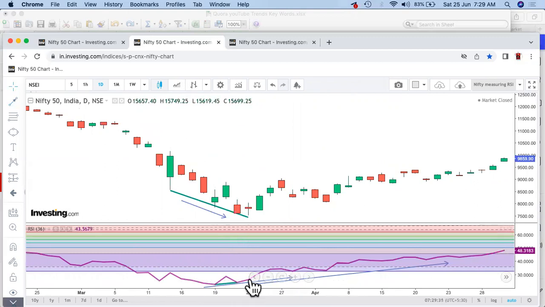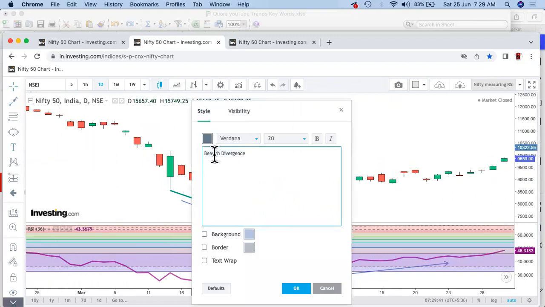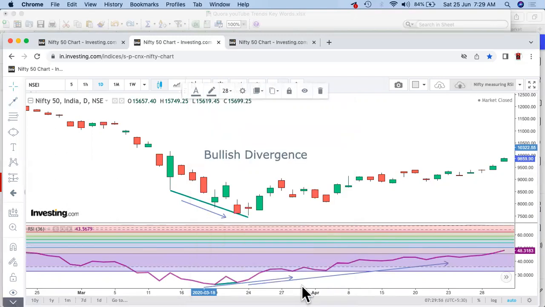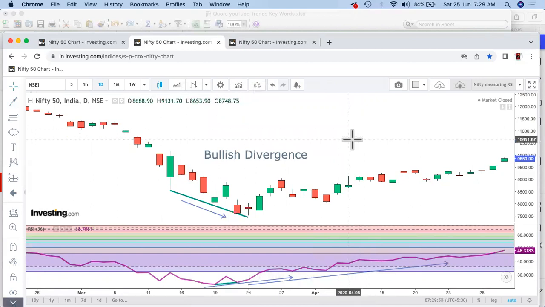Right? So this is again divergence, and this kind of divergence is called bullish divergence. We will write it down. That's bullish divergence.